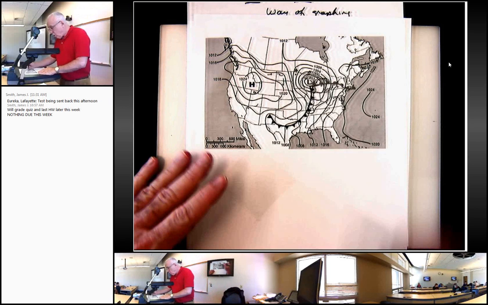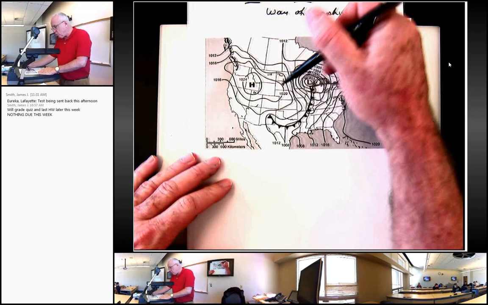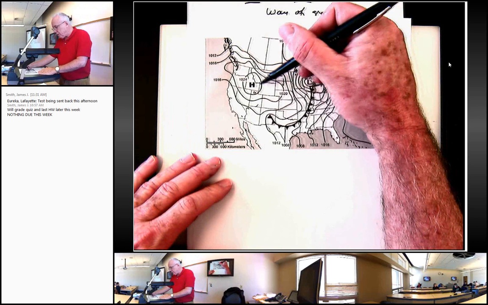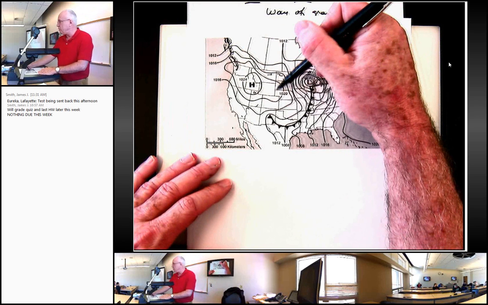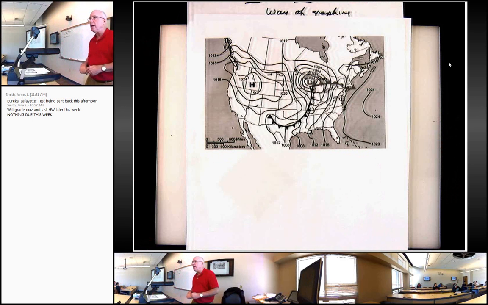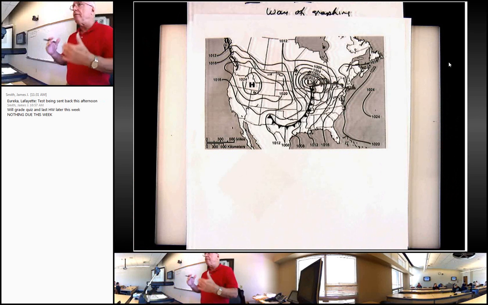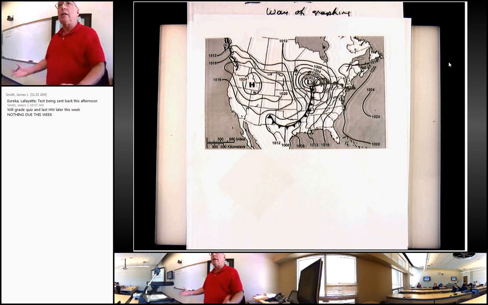So look at this big wide gap, there's a whole state in between these two lines. That means the pressure is very steady and there's not a lot of wind and things are very calm.